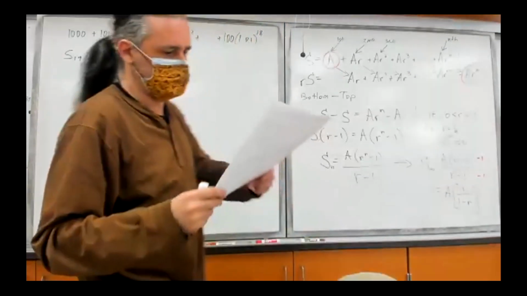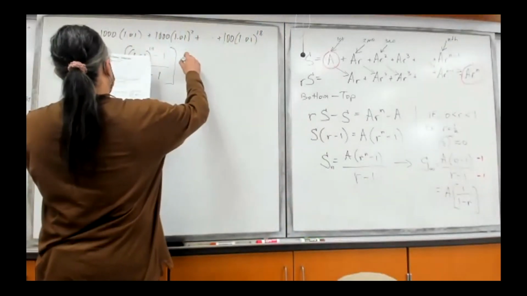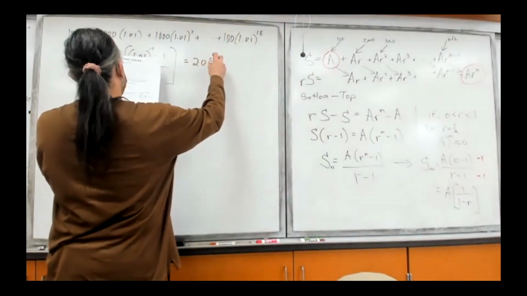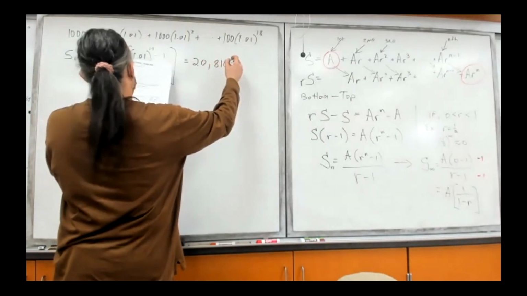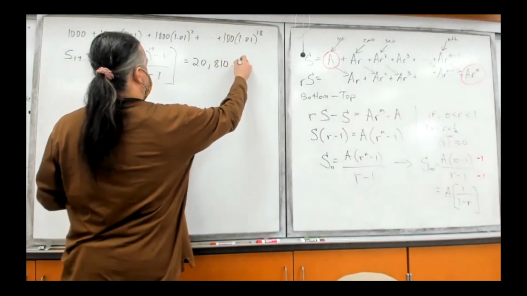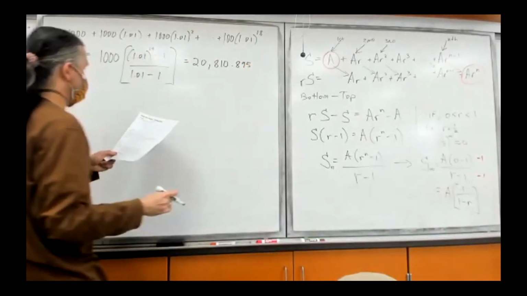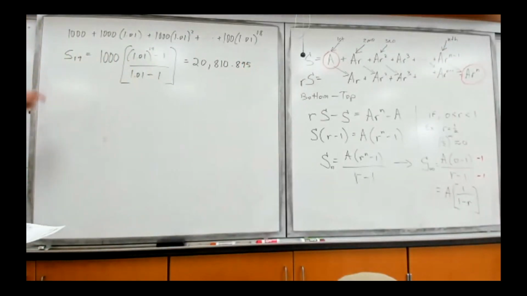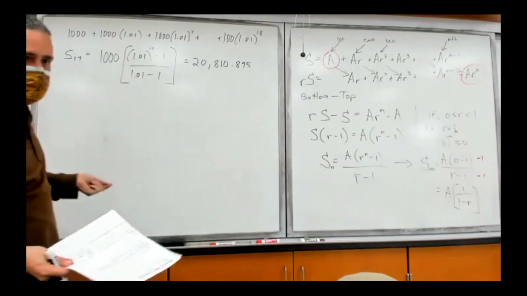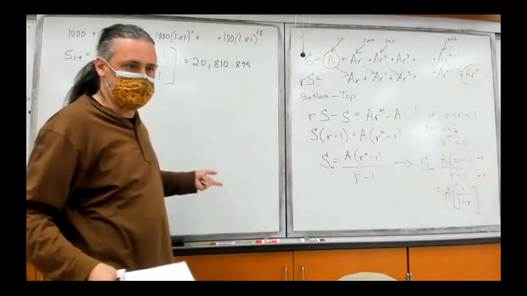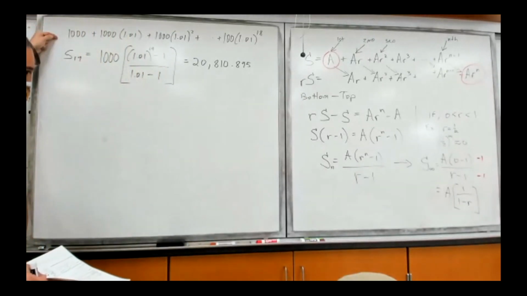right, and if you want to check yourself, this should be $20,810.95. Okay, so notice we're getting more than 20 times 1,000. If we didn't put this money in the bank, it would have gotten no interest. We would have had $20,000.